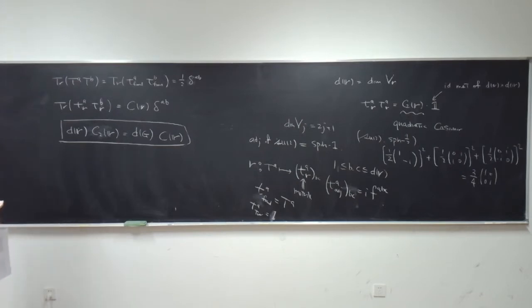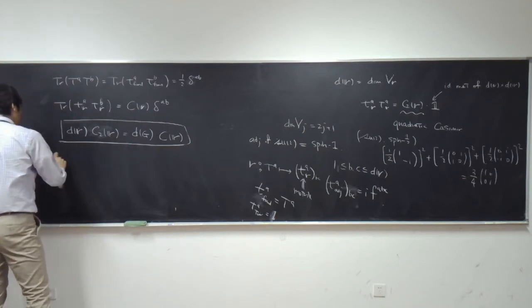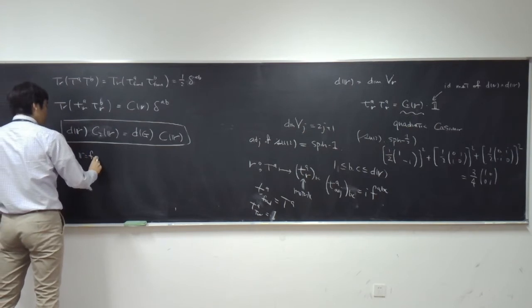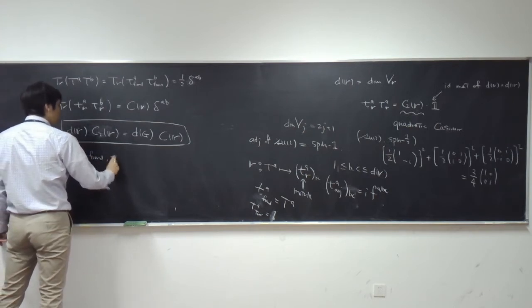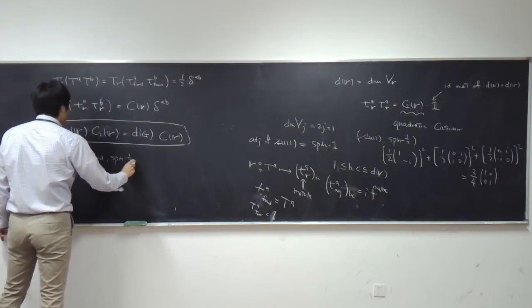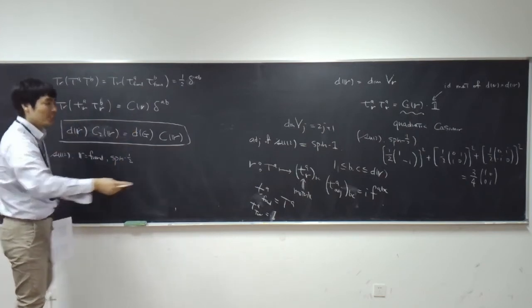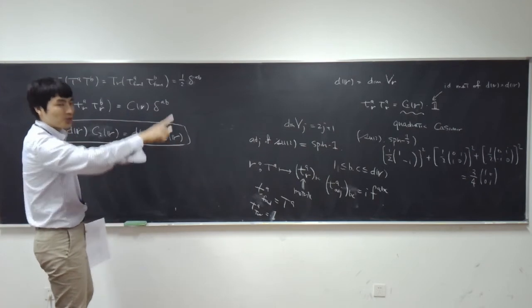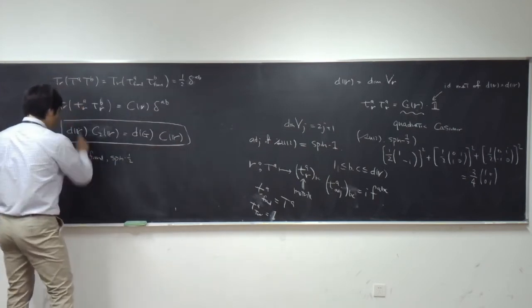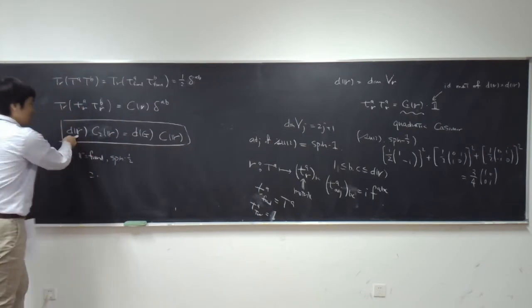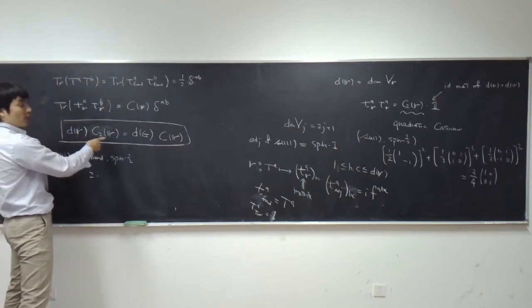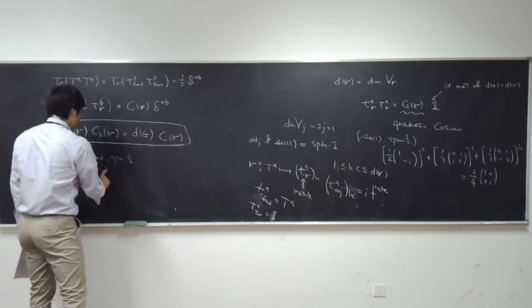Let's check SU(2) fundamental, or it's the same thing, spin 1/2. What's the dimension of the fundamental of SU(2)? It's a 2 by 2 matrix acting on 2 vectors, so the dimension is 2. And its Casimir, as we mentioned, is 3 over 4.